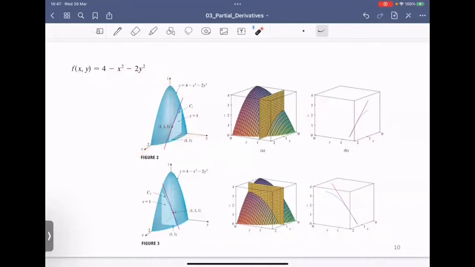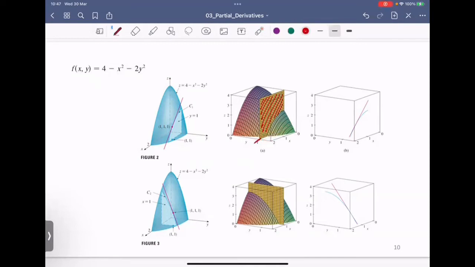The graph is, as you can see, in blue. And then when you take the partial derivative with respect to x, it means you fix y. You can see that here I have a plane that I put the red line over there. Here is the plane that I cut the surface with. This means I fix my y, so I fix one value of y.